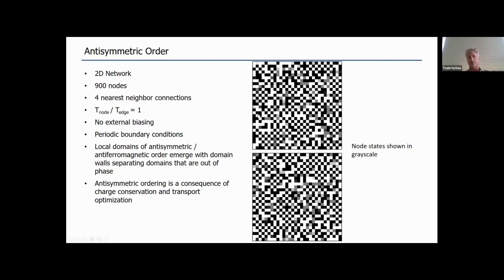And there are periodic boundary conditions so that this edge connects to this edge, and this edge connects to this edge. And what you see when you just set up this network is domains of antiferromagnetic order, which you can see here. And that antiferromagnetic order shifts around in time as the network evolves.